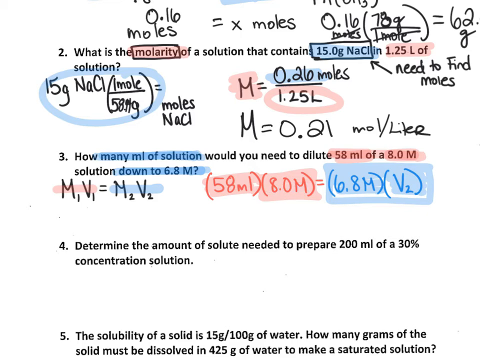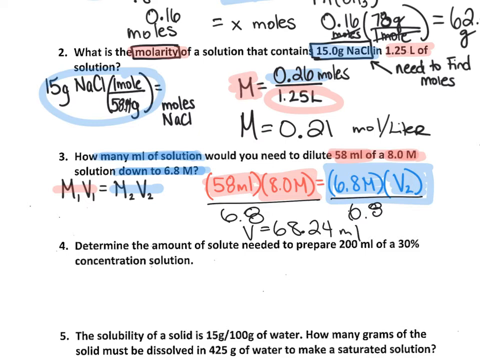So I'm going to solve for my volume by dividing both sides by 6.8. I multiply 58 times 8 first, and I get 464. Then I divide that by 6.8, and my volume is 68.24 milliliters. That is the amount of solution I'm going to need of a 6.8 molar solution.